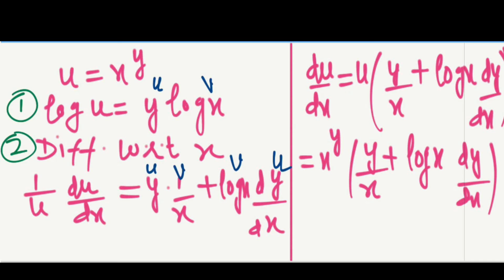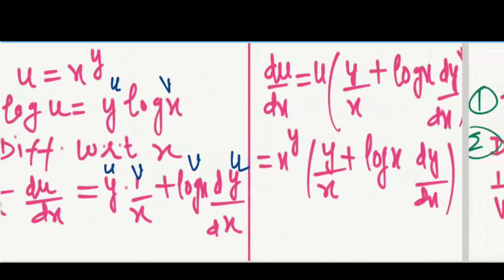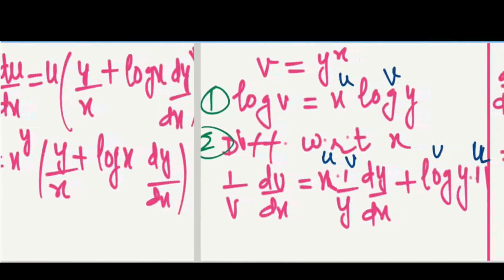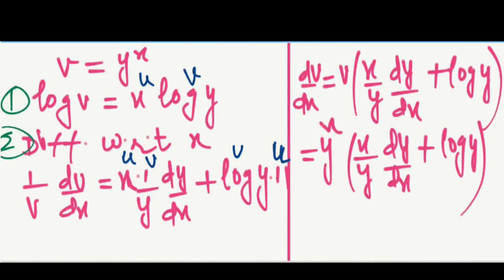Moreover, we need to find the derivative of v with respect to x. The v function, as you remember, was y raised to power x. Again, taking log on both sides, we get log v equals x log y. The second step, friends, is to differentiate both sides with respect to x.